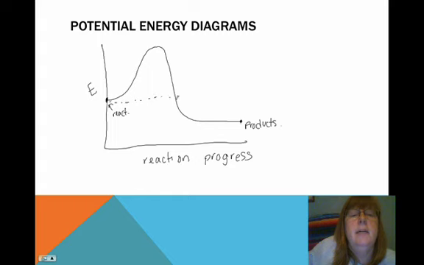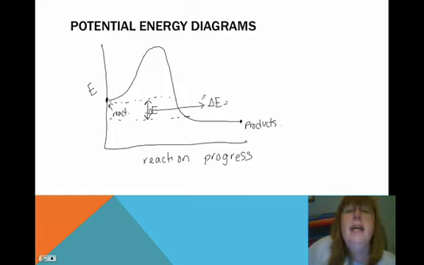In this particular potential energy diagram, that energy change we're going to call delta E. And the delta E in this reaction, the products is lower in energy than the reactants. And so our delta E is negative.